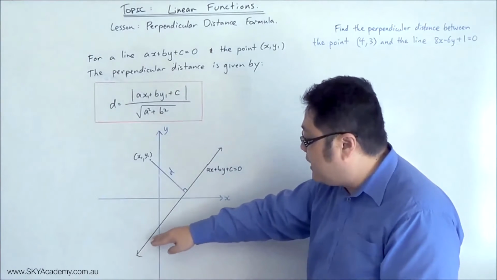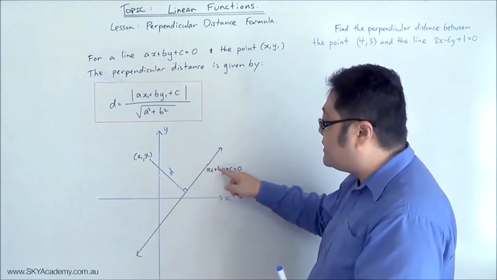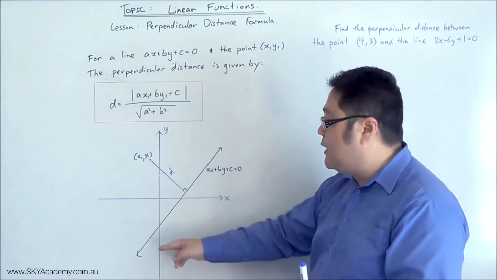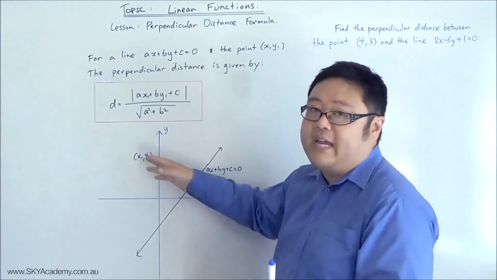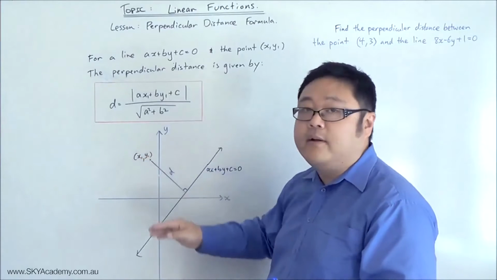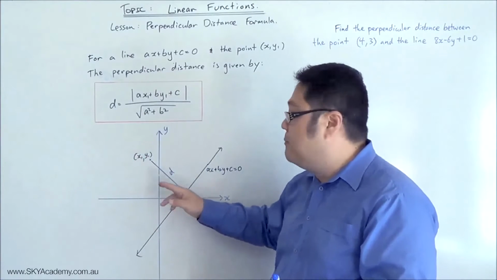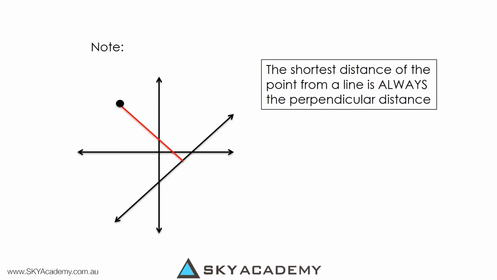If you've got a straight line ax plus by plus c equals 0, and another point anywhere around it, the shortest distance between that point and that line will be the perpendicular distance. In other words, the distance that makes a 90 degree angle with the straight line.